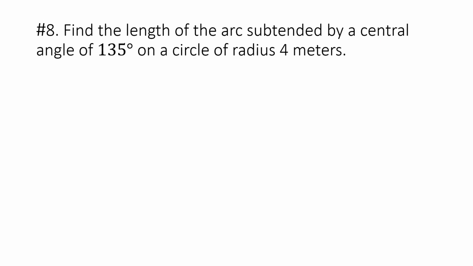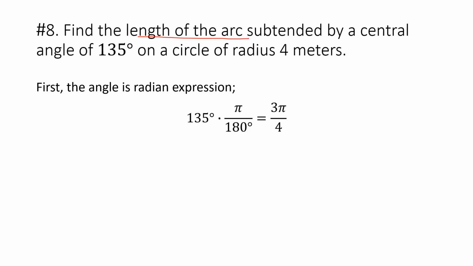Your practice number 14, find the length of arc. You can find the formula in your paper. The arc is subtended by a central angle of 135 degree on a circle of radius 4 meter. To do this, we have to express the angle in radian. So 135 degree times pi over 180.